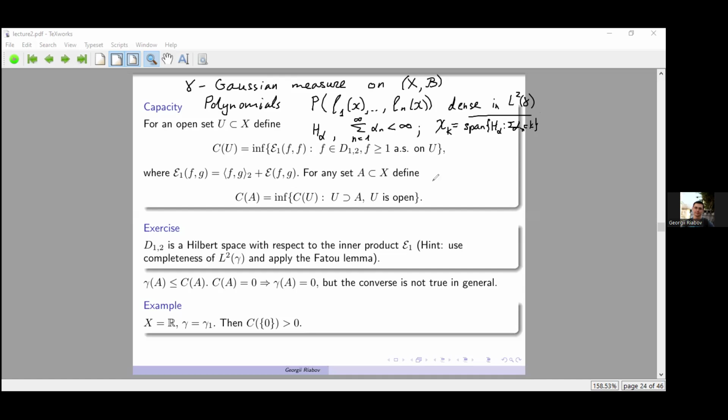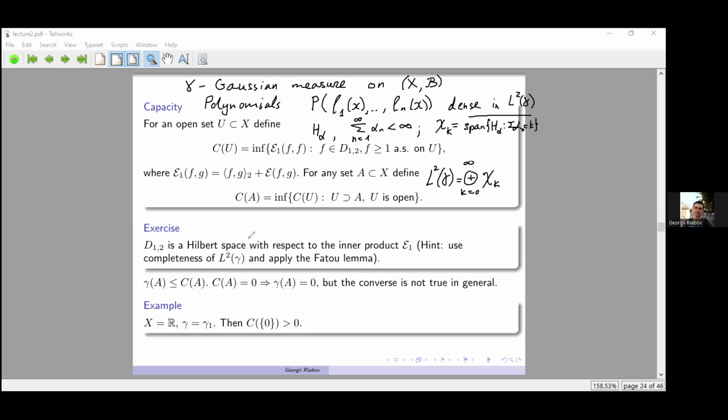In this way, we obtained the representation of L2 space as an orthogonal sum of subspaces Xk. And this representation is called the Ito-Wiener expansion.